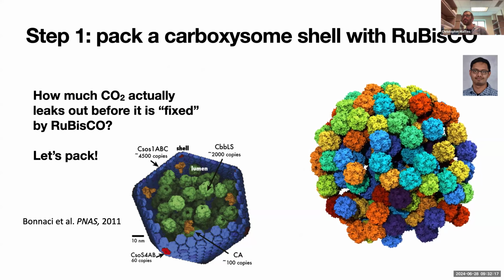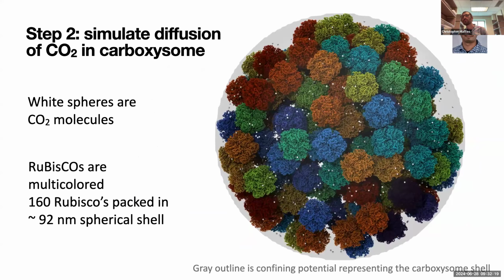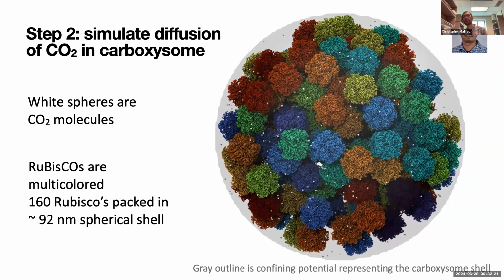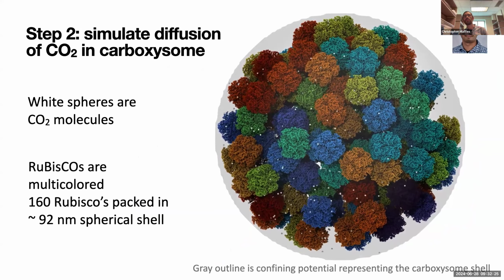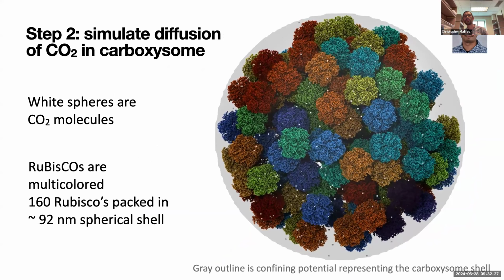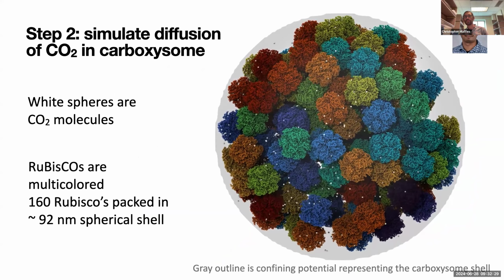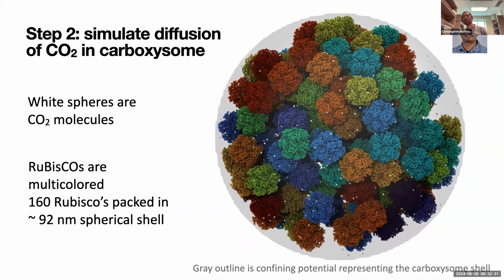And then once he had this system assembled, he flooded it with a carbon dioxide model, also with parameters derived from the all-atom MD force fields. So it's these little white spheres that you're seeing diffusing around.